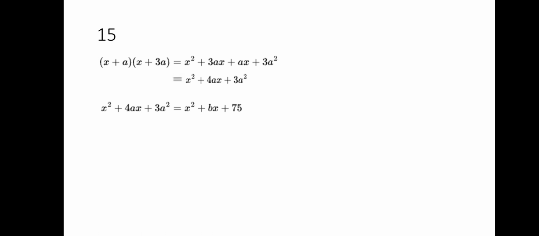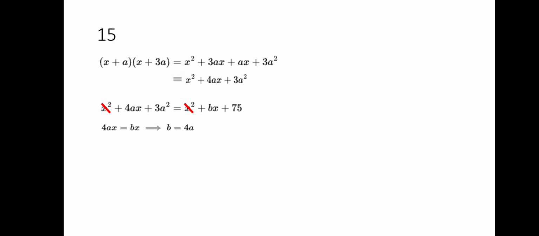Now if we compare this to what's given in the question, it says that this is equal to x squared plus bx plus 75. We can ignore the x squared and just focus on the other two terms. So we can say that 4ax plus 3a squared is equal to bx plus 75.